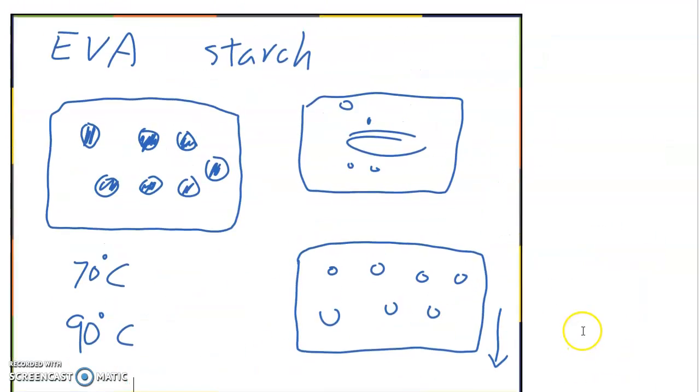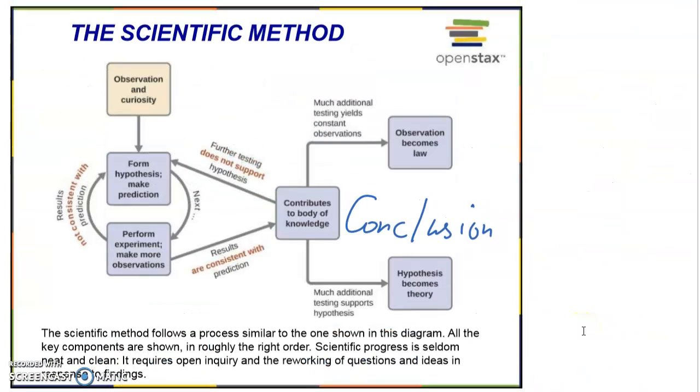So in this case, we have just demonstrated that hypotheses are not always correct. We made the hypothesis, we thought that by adding a denser material into polyethylene, it would make it denser and therefore it would sink in water. However, after the experiment and after doing it many times, we conclude that it did not work.